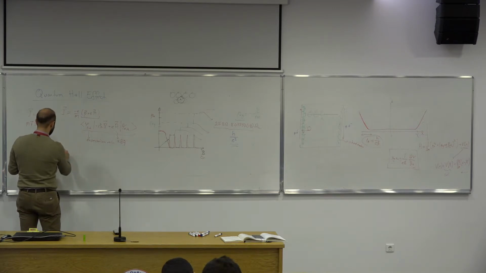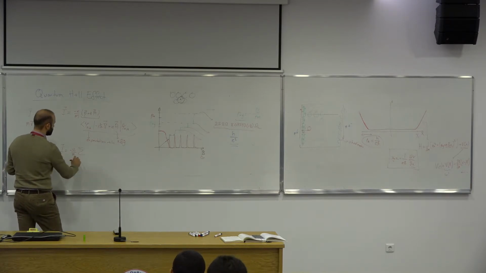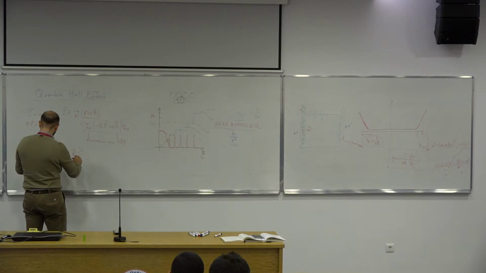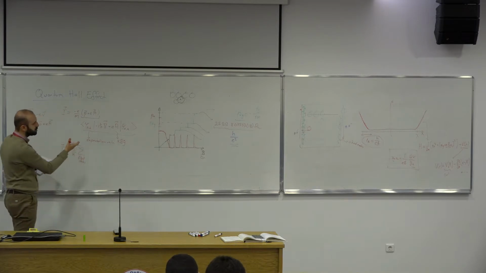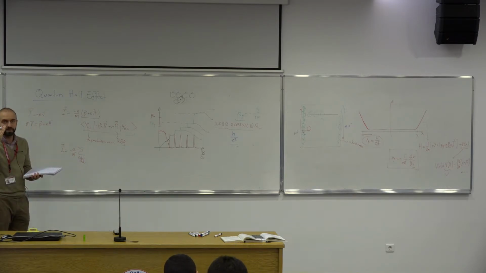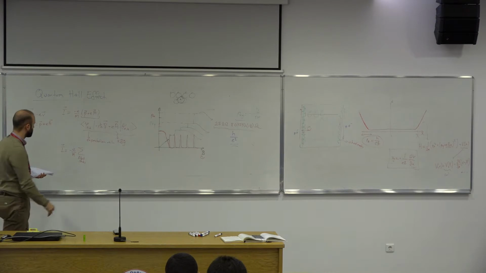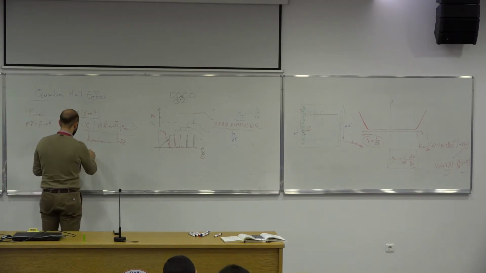I'm going to write this current expression as such, E over M, and I have to sum this whole thing over the filled states. So I don't want to include empty Landau levels, obviously. I want to do this summation up to the filled states.